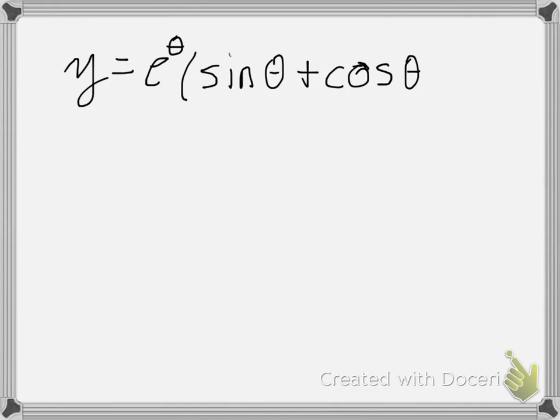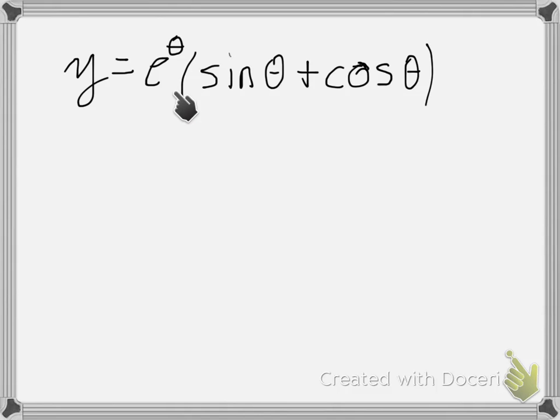It's a terrible looking o, but alright, now we got to notice something here. This e to the theta is being multiplied by sine theta plus cosine theta. Okay, so there's a product of two functions. That gives us a hint that we got to do what? The product rule from Cal 1, right?